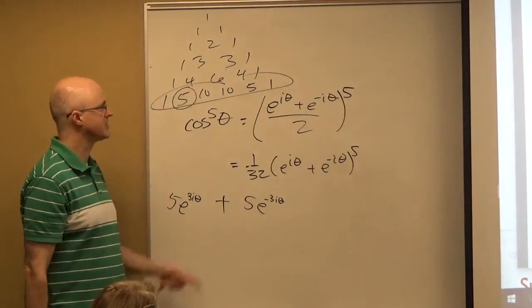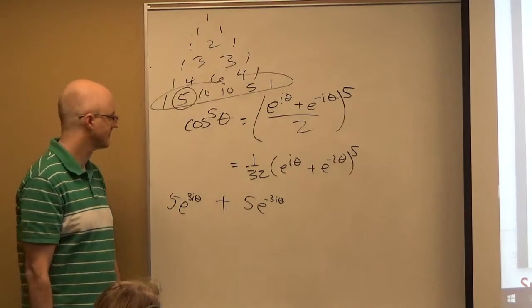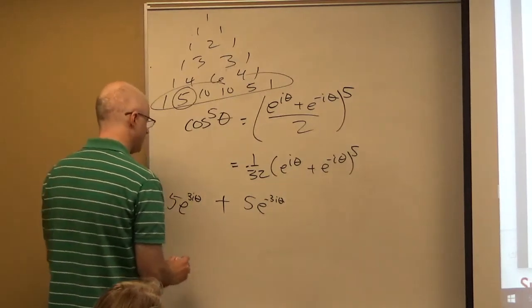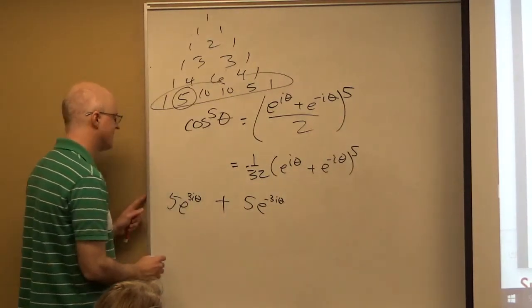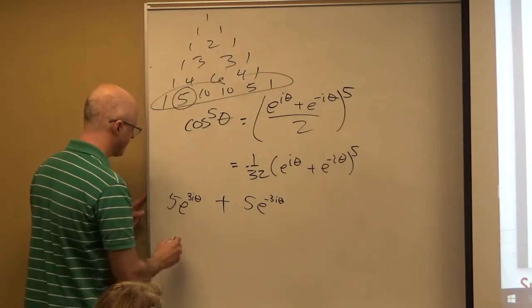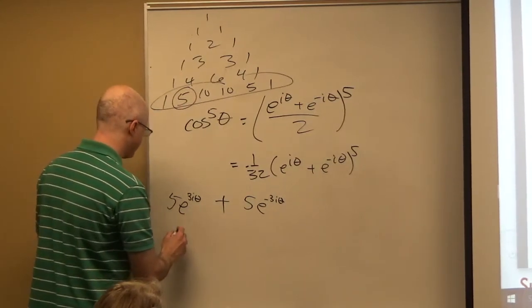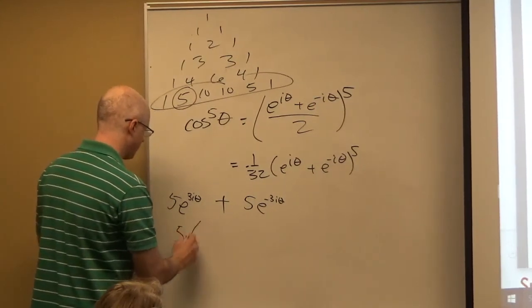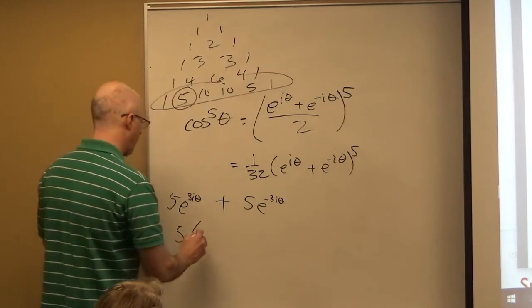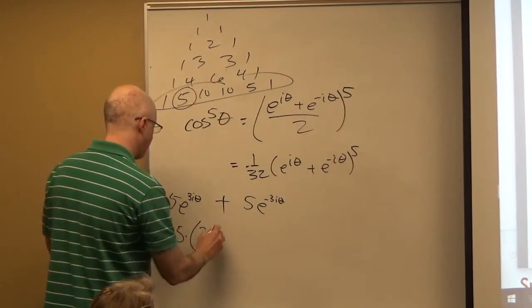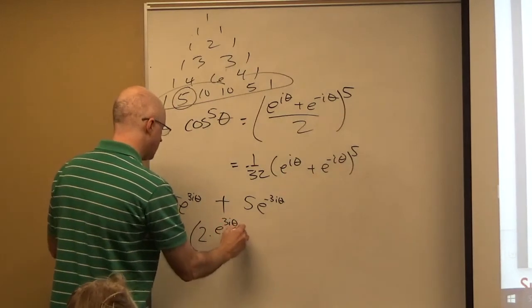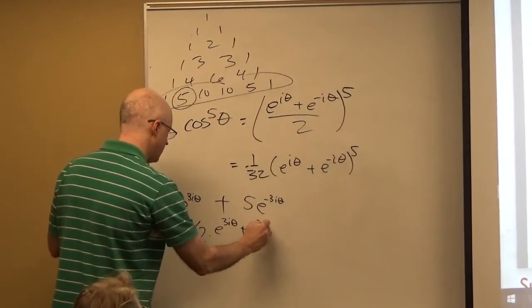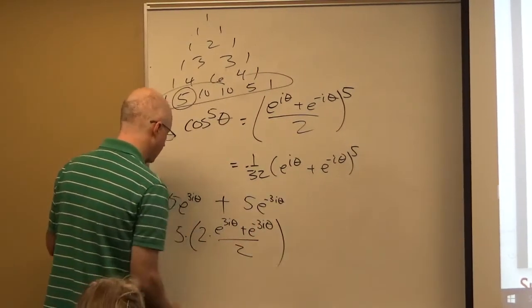That can be rewritten in terms of cosine as well. If you don't see how to do it, you can do it this way. Do a little bit of algebraic trickery. Rewrite it like that.